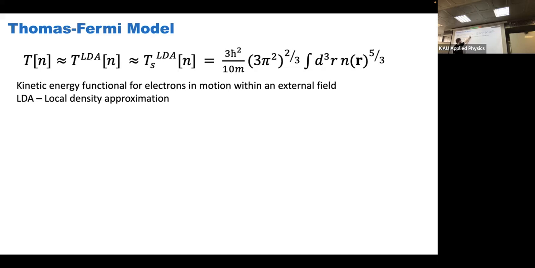Kinetic energy of a single particle, and we have such a beautiful formula: some constant times integral of n(r) to the power of 5/3. That's local density approximation. That's how the kinetic energy of a single particle, a single electron, depends on this electron density.